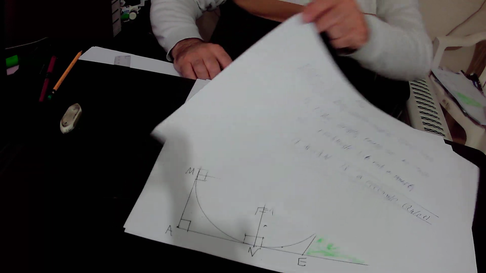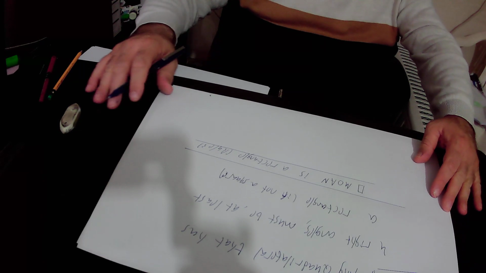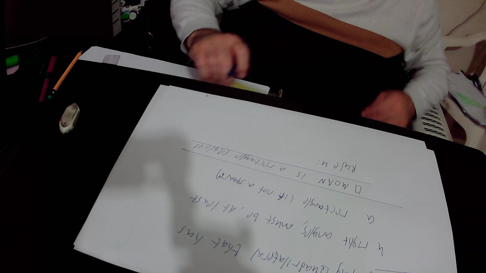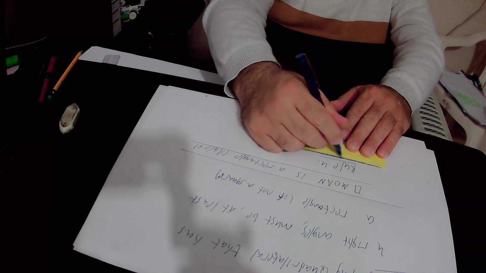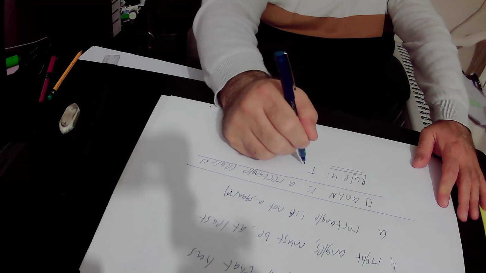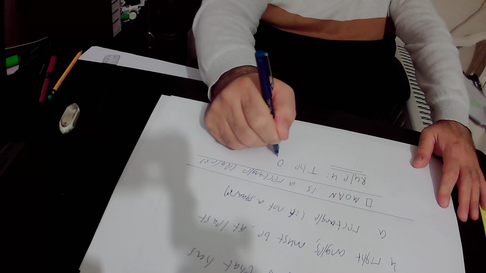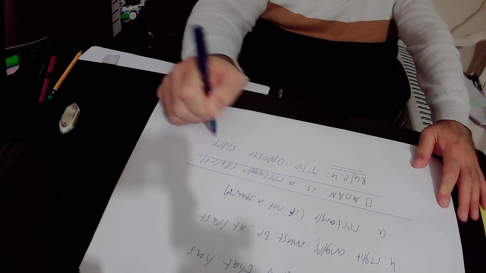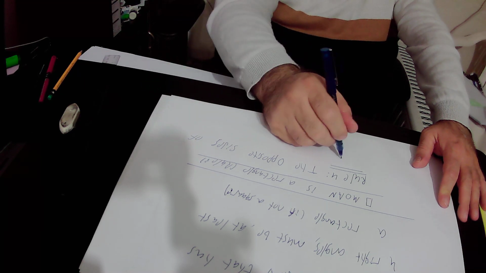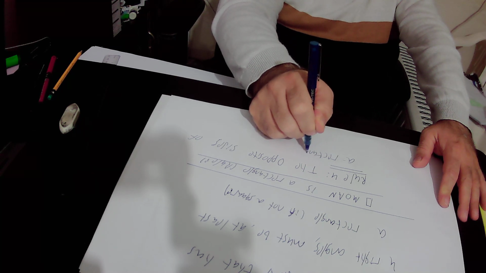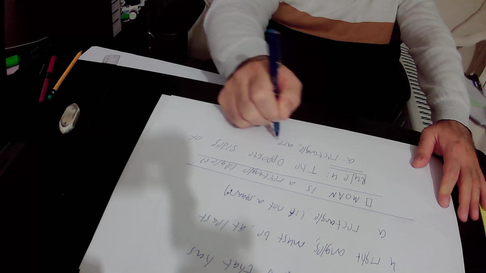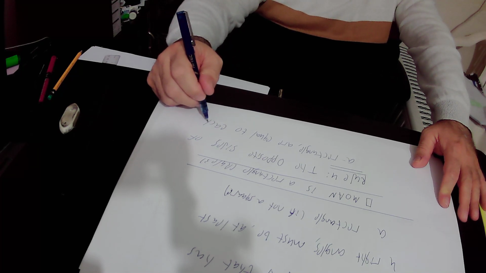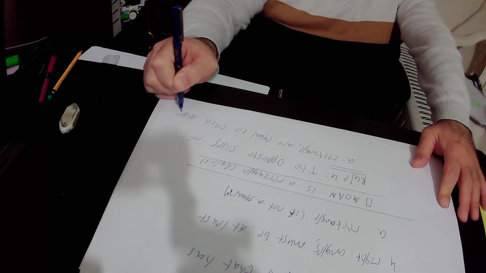And we also have rule number 4. According to rule number 4, the opposite sides of a rectangle are equal to each other. I will read rule number 4 again.